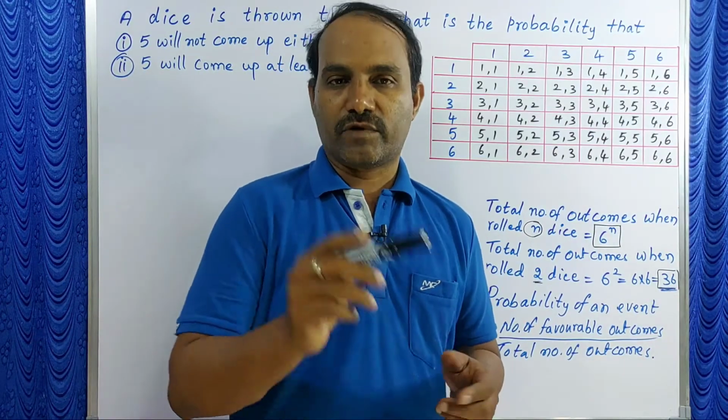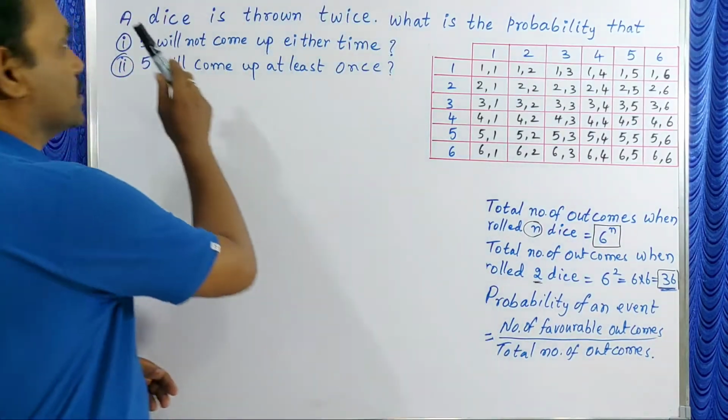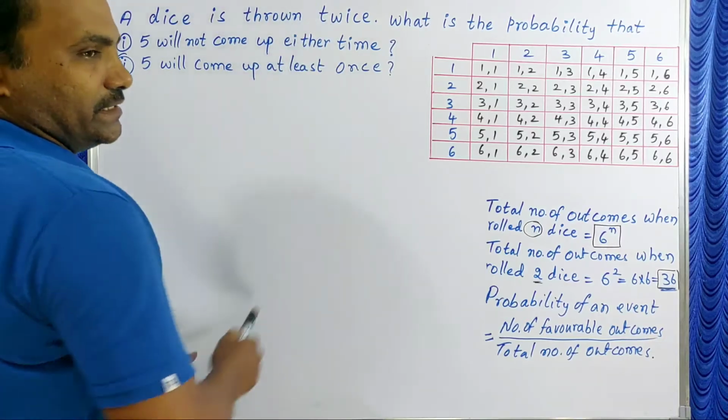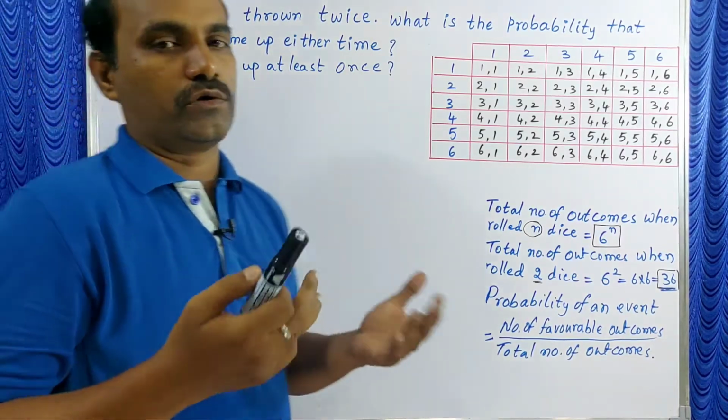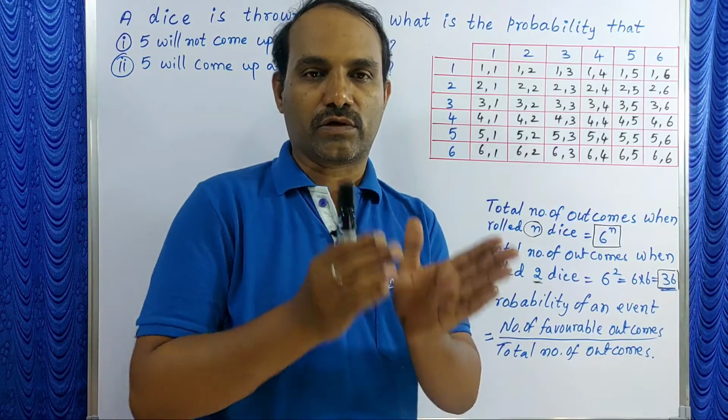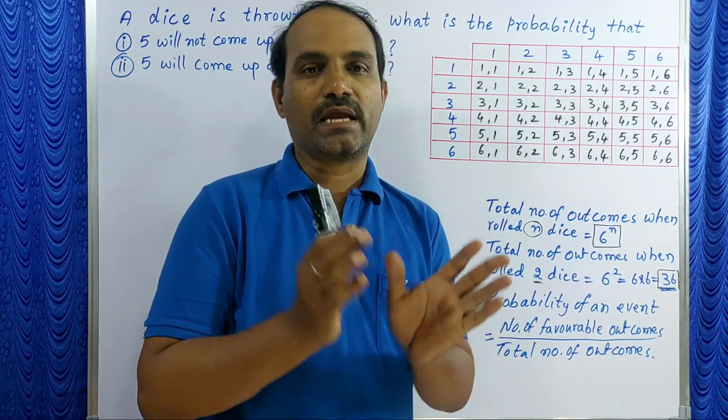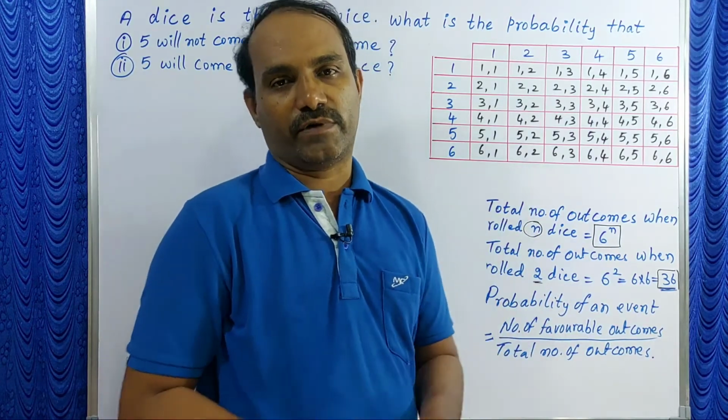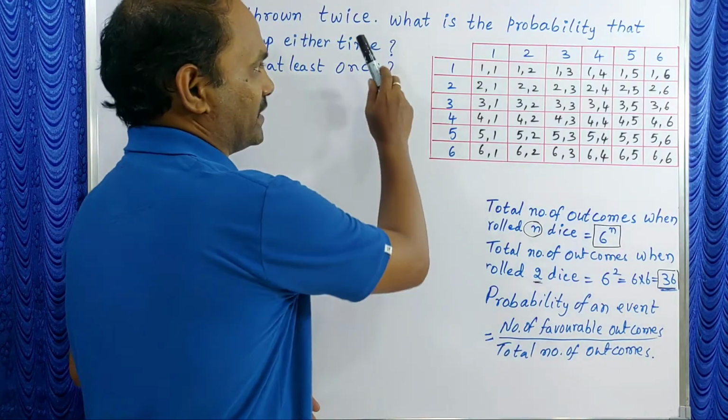Yes, let us check one more question. A die is thrown twice, or two dice thrown once. These two have the same number of outcomes. So what is he asking?